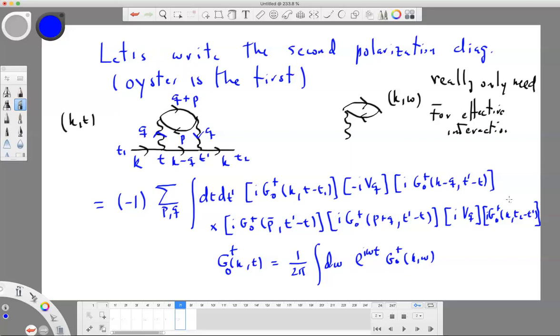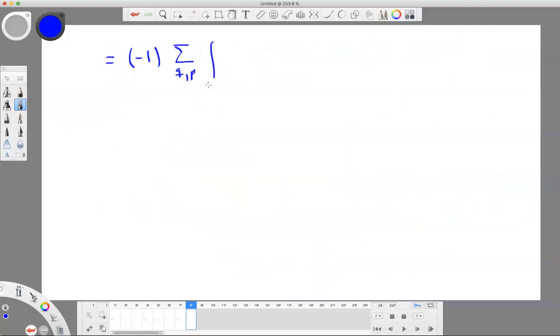Each one introduces a different frequency. We have 5 propagators, so we have 5 frequency integrals.